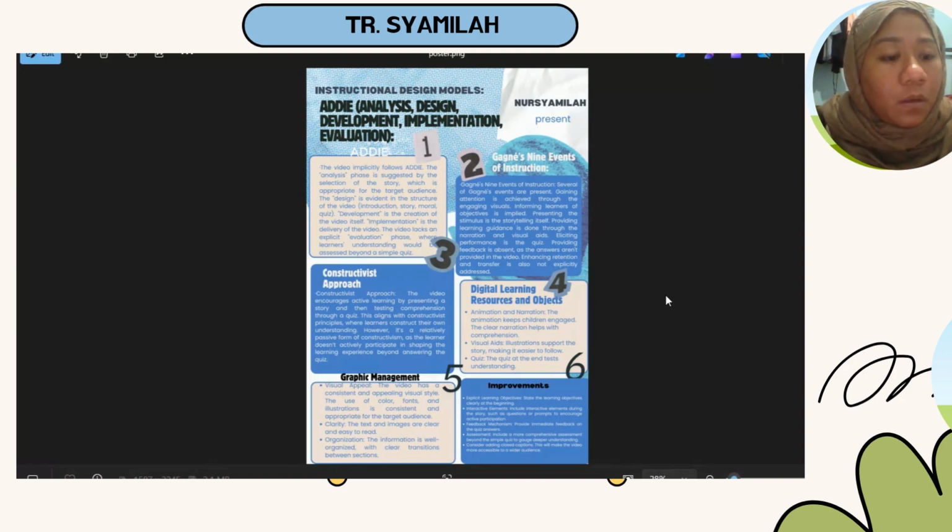So the video would benefit from a more explicit integration of this model. For example, clearly stating the learning objective at the beginning, more interactive elements during the story, and feedback on the quiz would significantly improve its effectiveness. So this is the one that I can improve later.